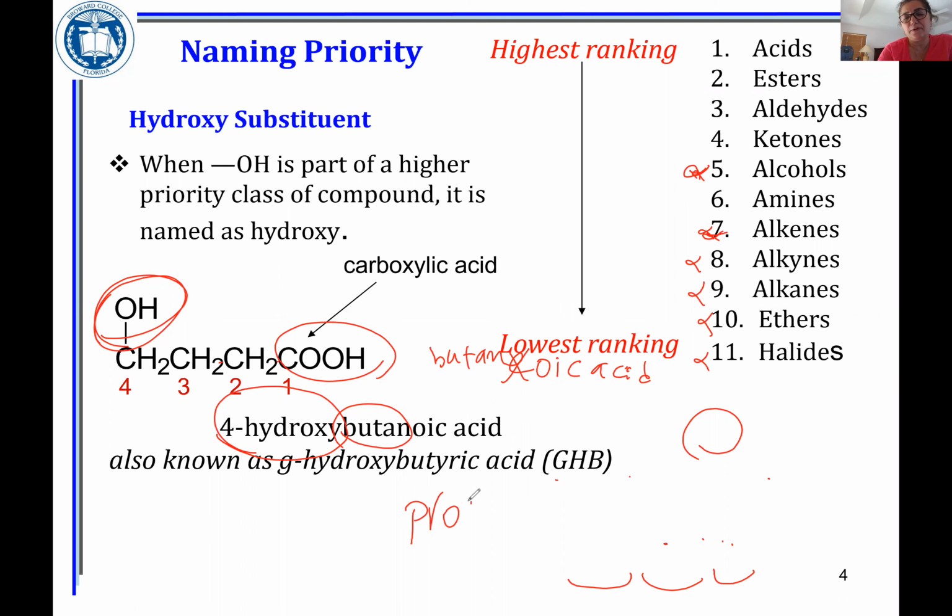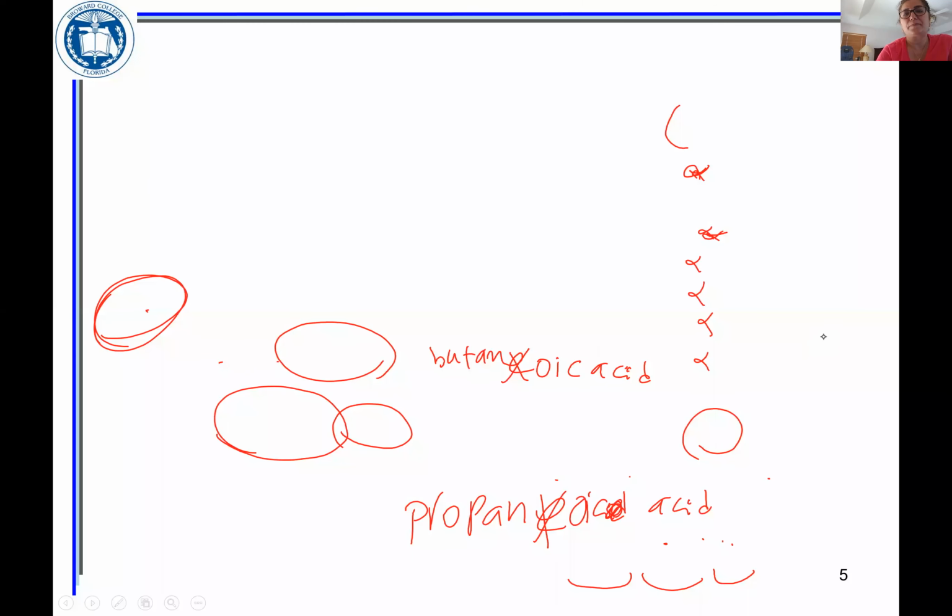Basically, you would say propane, then you drop the E and add oic acid. Propanoic acid, or butanoic acid, pentanoic acid. So if the OH becomes a branch, that means your molecule contains one of these high priority functional groups, and then you would name it as a branch.